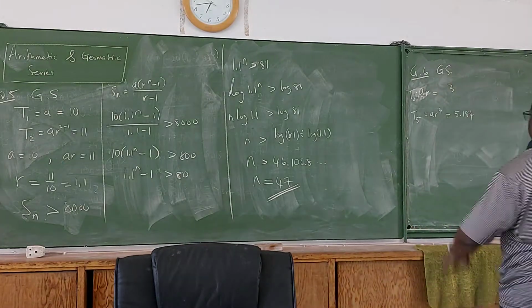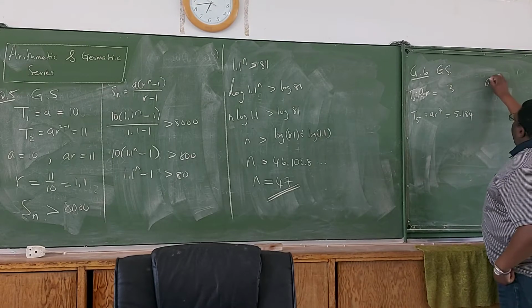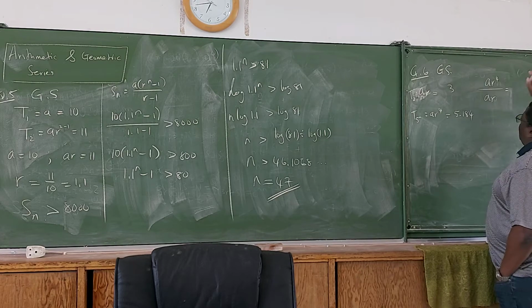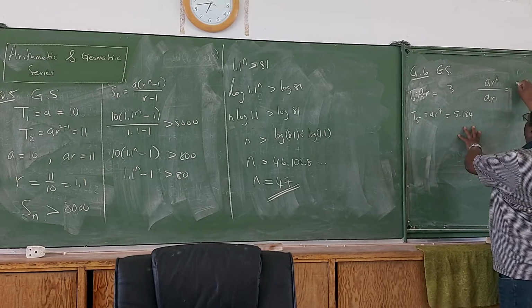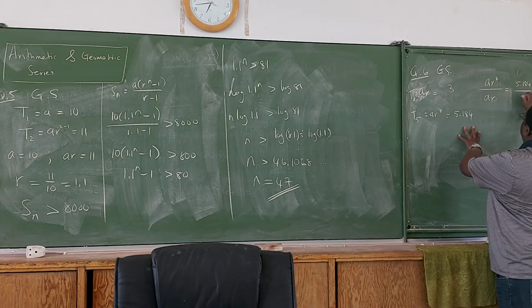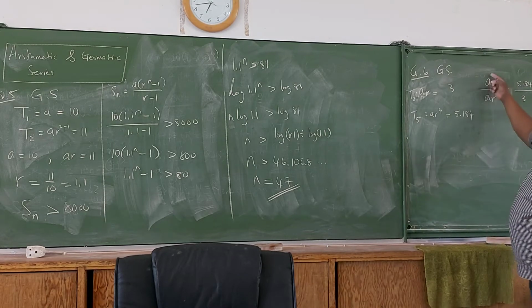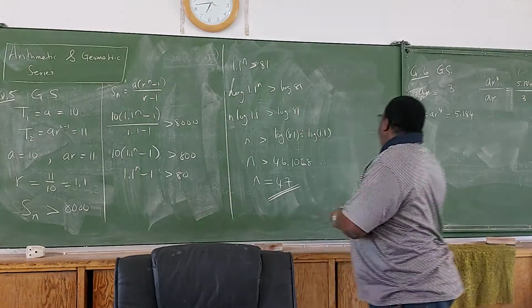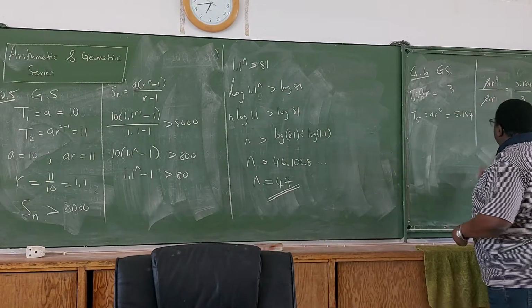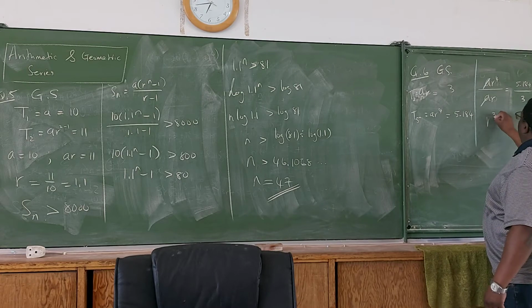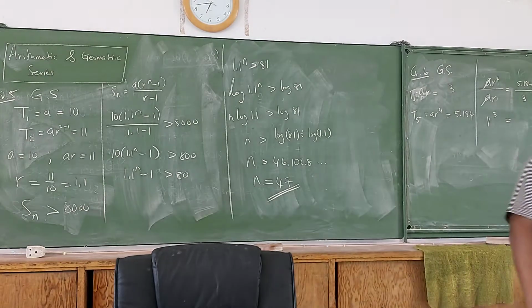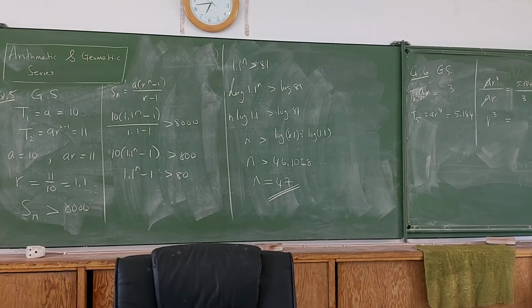Good. So we're going to create two equations now. ar to the 4th over ar, and let's put in the equal sign there, equals 5.184 over 3. Obviously the a's cancel. And then you are subtracting, so the ratio becomes what? r cubed. Now, 5.184 divided by 3 gives you a cube number, which is, don't worry, I'll wait.